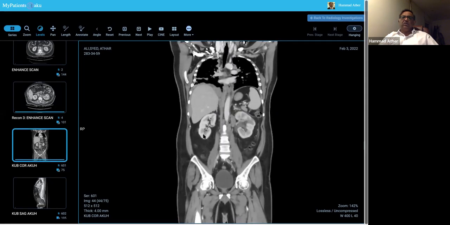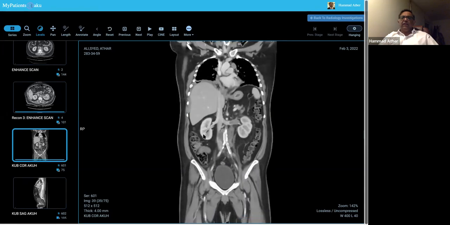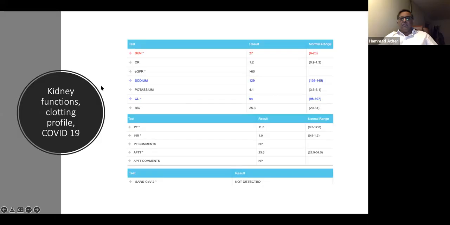So all these findings, please write them down. And there are findings in the aortocaval window as well and paracaval. So there are in all at least 10 significant findings. And let's see how many of you pick up those findings. Going back.